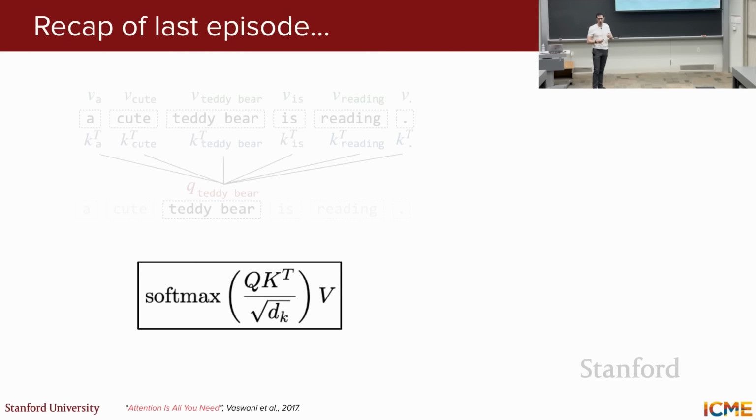So we saw that the self-attention mechanism can be expressed with this formula: softmax of query times key transpose over square root of d_k, times V. I hope this formula is familiar for you. Just know that this formula is highly optimized. These are big matrix multiplications that our hardware is very capable of doing, very optimized in doing that.